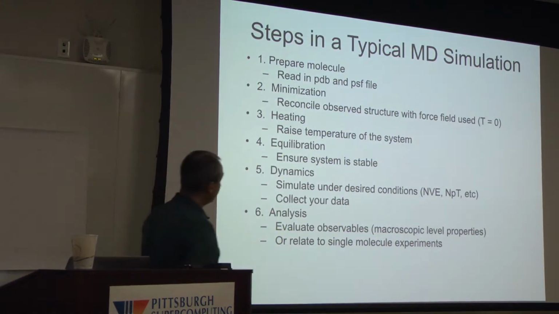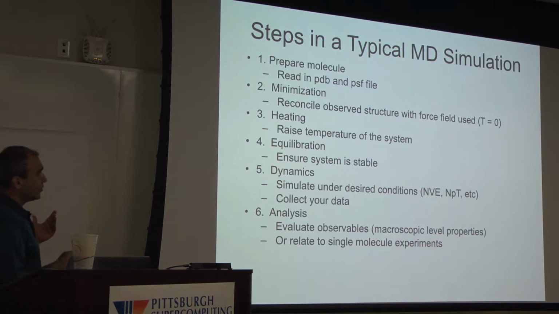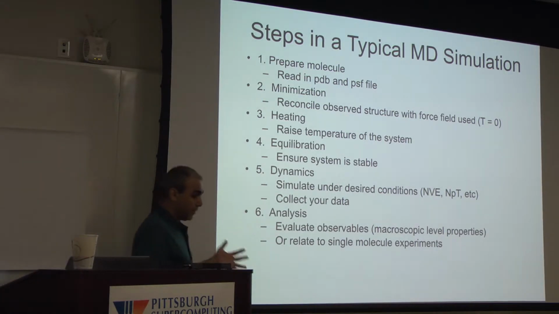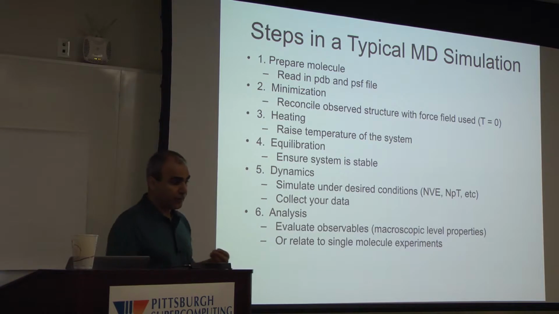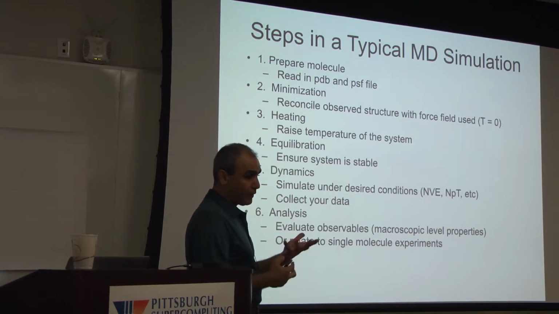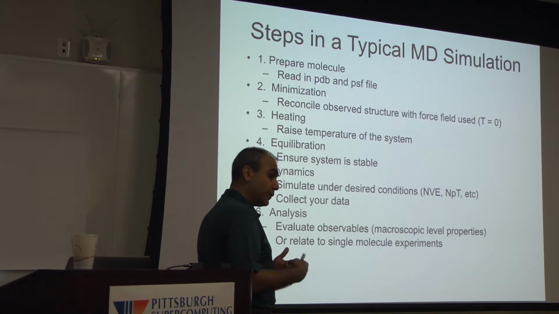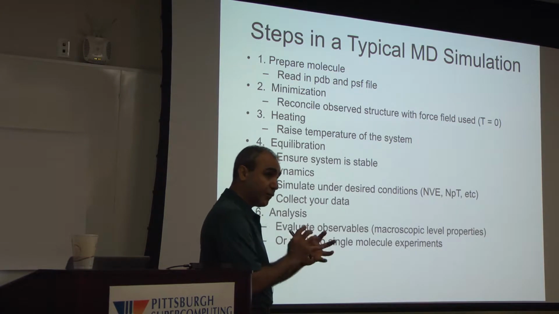So what are the steps involved in a typical MD simulation? You get your molecule. If it's a protein, usually you get it from the Protein Data Bank because it's so difficult to fold a protein completely. This is, again, another example that people have done more recently for more proteins, for fast folders.